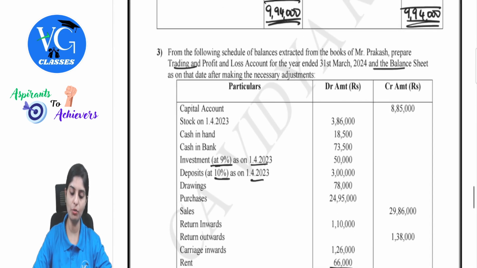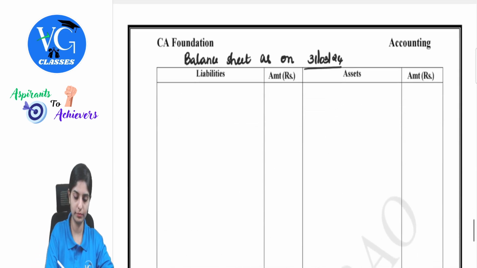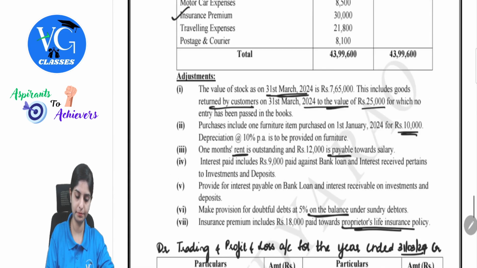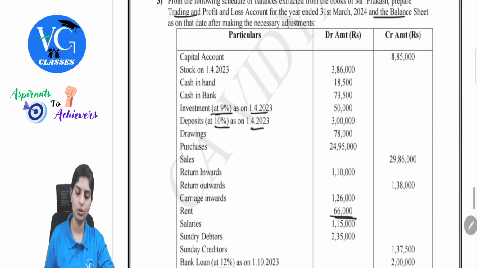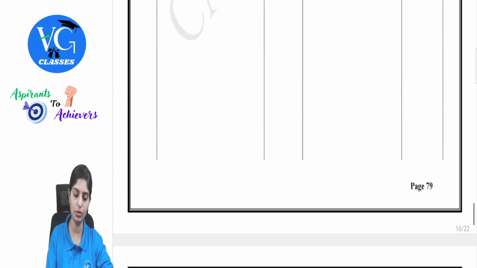First, capital account. This will come in the balance sheet, 8,85,000. Eight lakh 85,000. Then stock on 1st April 23. This is nothing but your opening stock balance, 3,86,000.